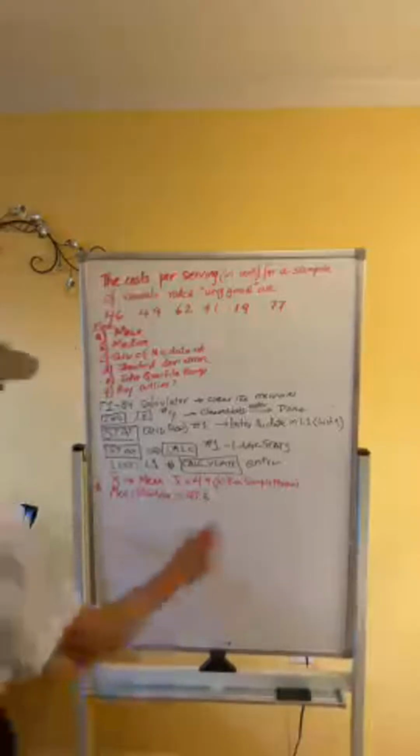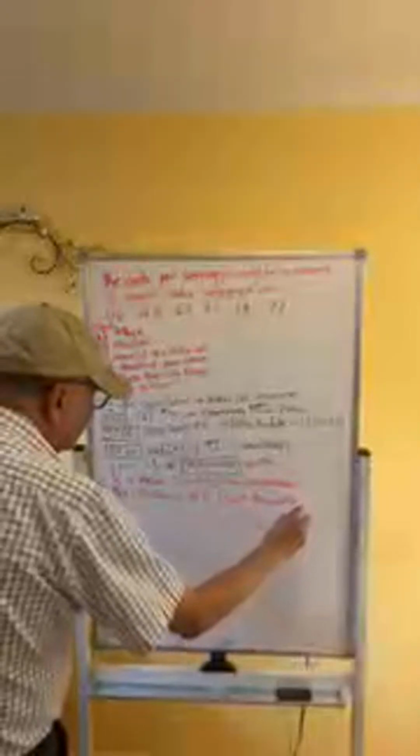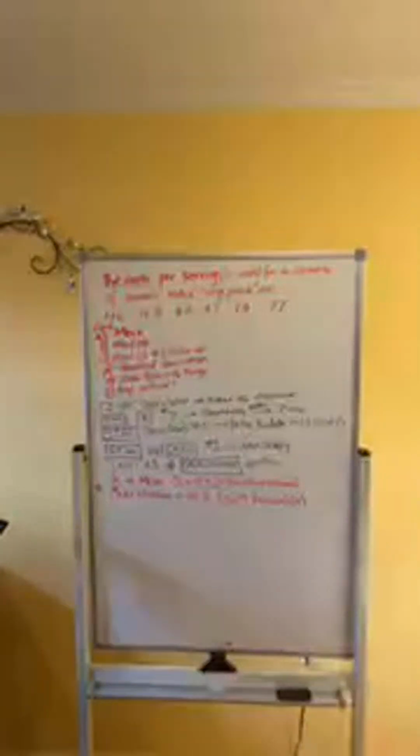The median is the 50th percentile. What does it mean? 50% of the numbers are below 47.5 and 50% are above 47.5.